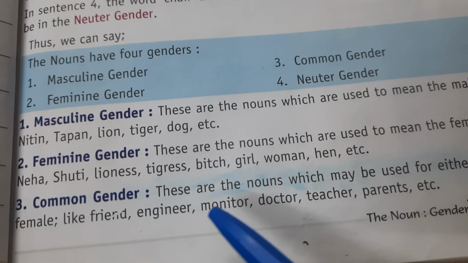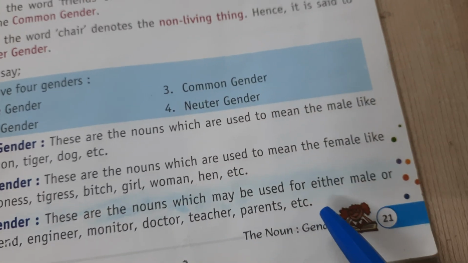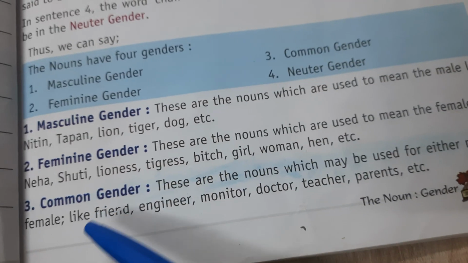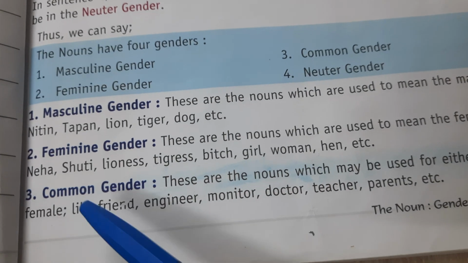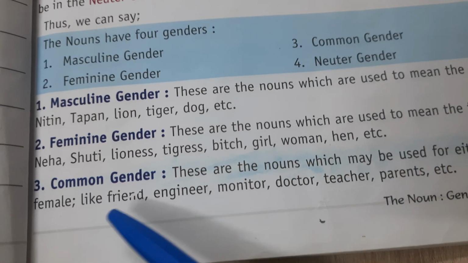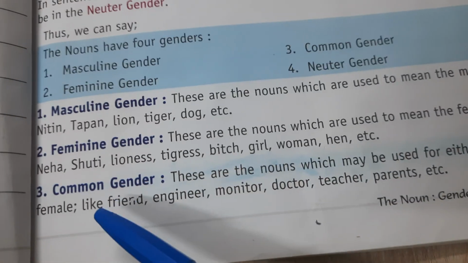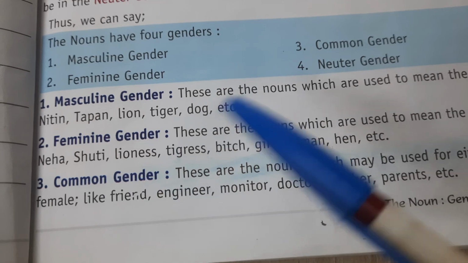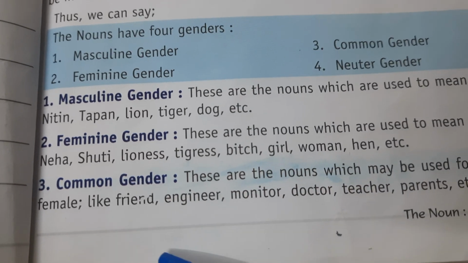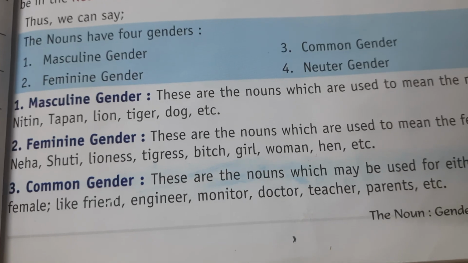Now common gender. What is common gender? These are the nouns which may be used for either male or female, like friend, engineer, monitor, doctor, teacher, parents. That's why this is called common gender, because we can use this for both male and female.